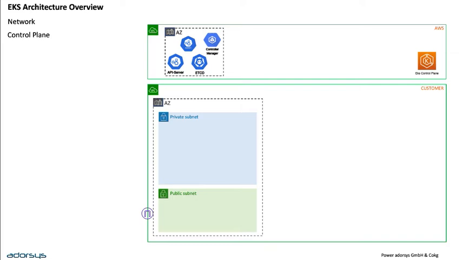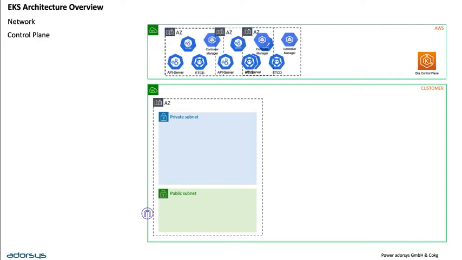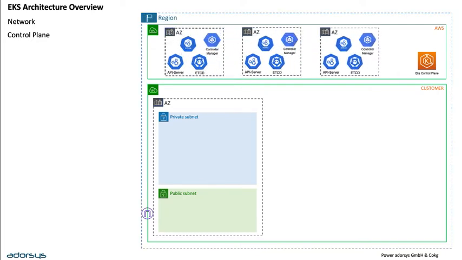By design for resilience, scalability, and high availability, Kubernetes master nodes are distributed across 3 availability zones in the same region, and the traffic to and from the internet is managed by Elastic Load Balancer.